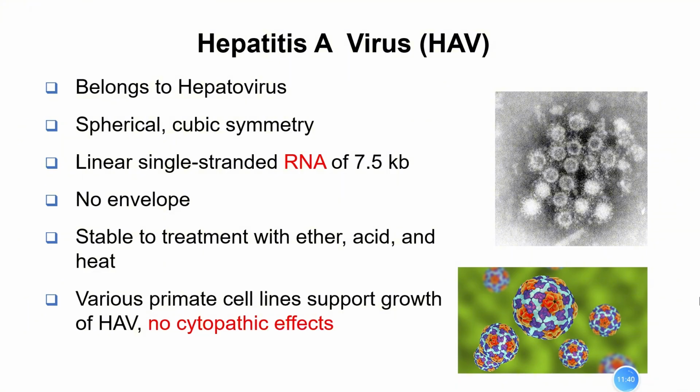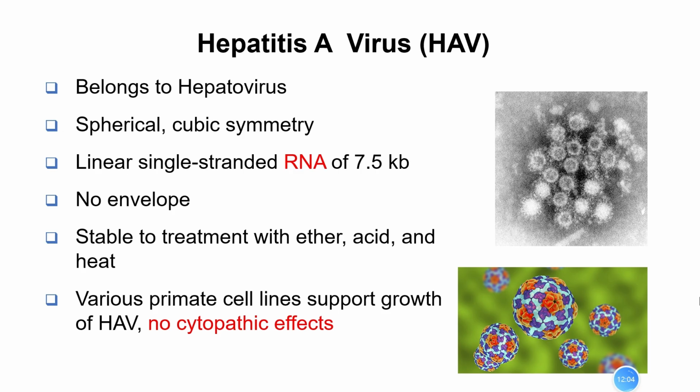There are several primate cell lines which can support the growth of HAV. But when HAV infects a cell line in vitro, like in a lab, it does not cause any cytopathic effects.